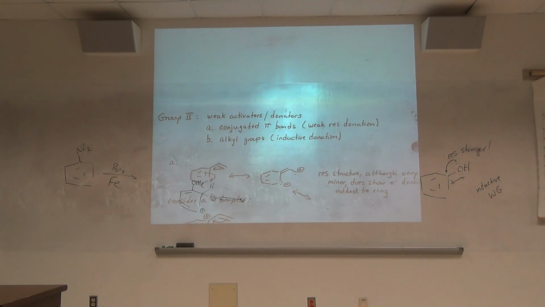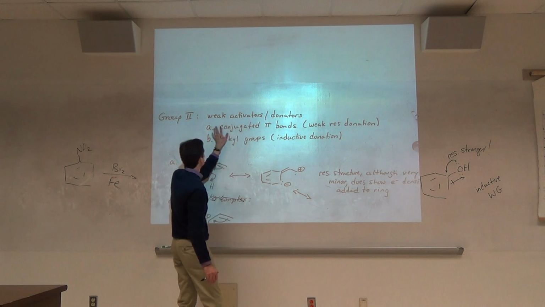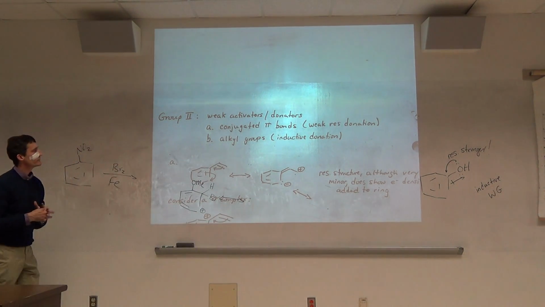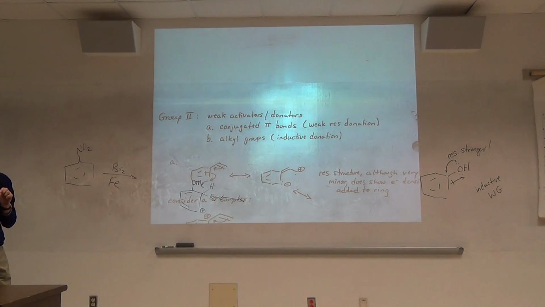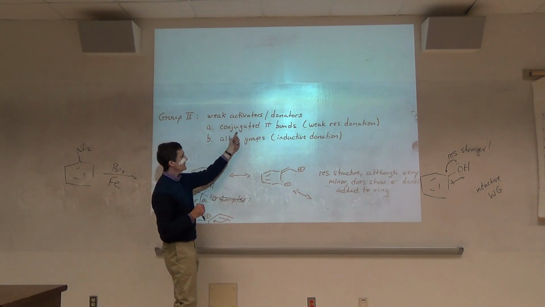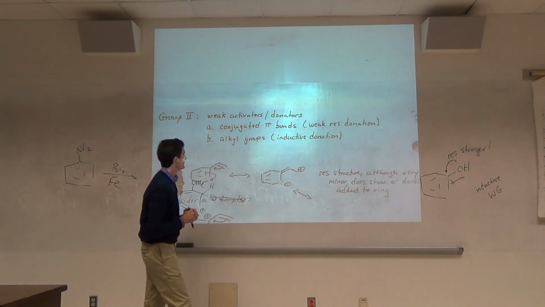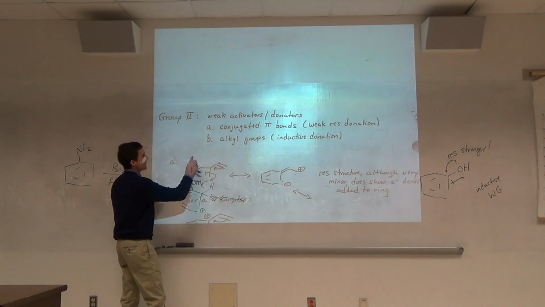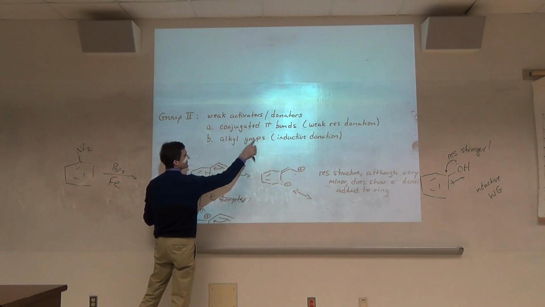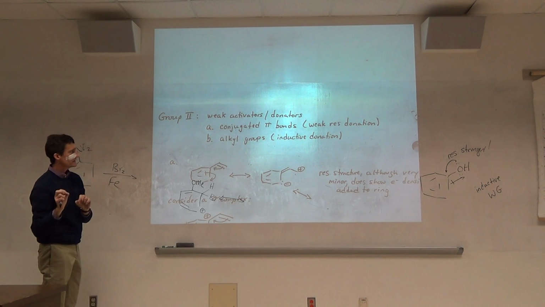The next, group 2, are going to be weak activators, donators. So they're still activators, but they're not as strong. They're weaker. These are going to be conjugated pi bonds, which have weak resonance donation. Or it can be, and this is probably the most common, alkyl groups. They have inductive donation.